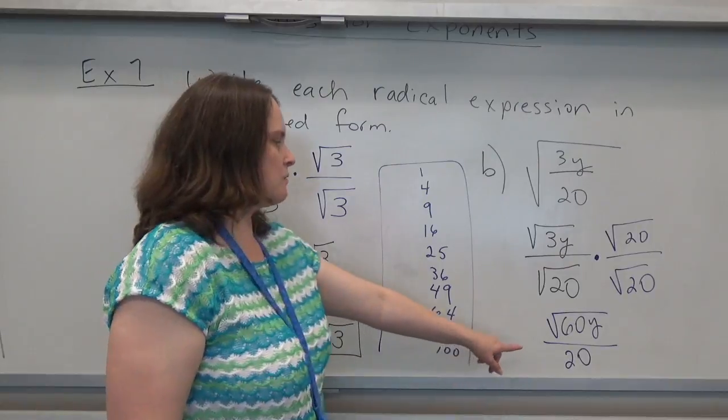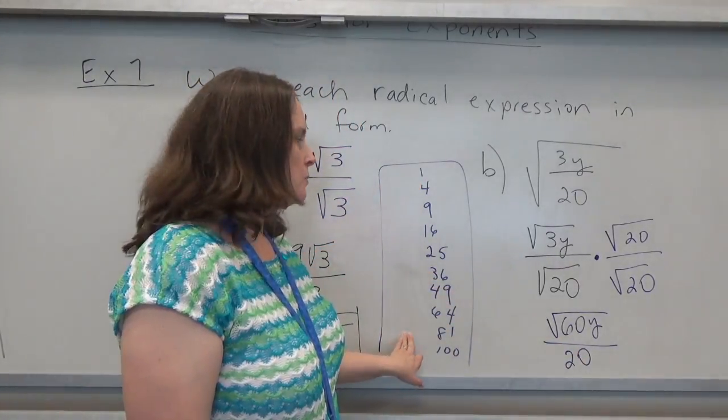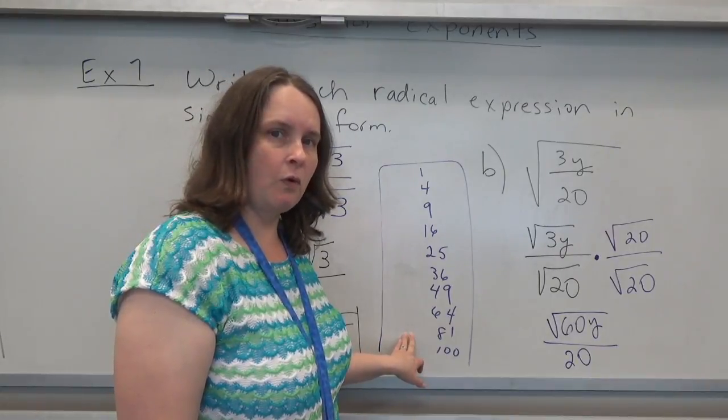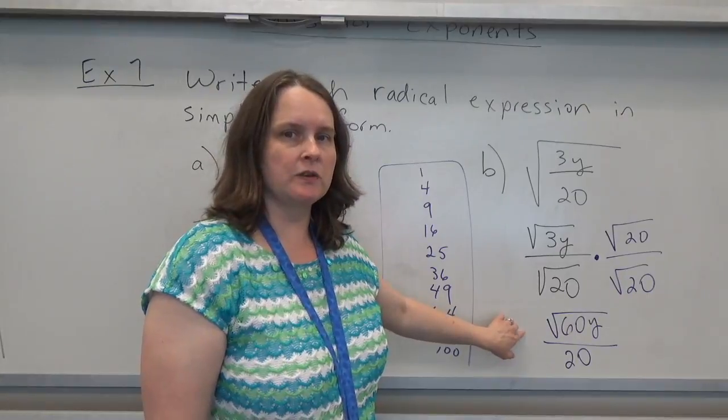Is there a way that I can write 60 as one of these numbers times something? Well, yes, there is. 60 is 4 times 15. So let's write that as the square root of 4 times 15.